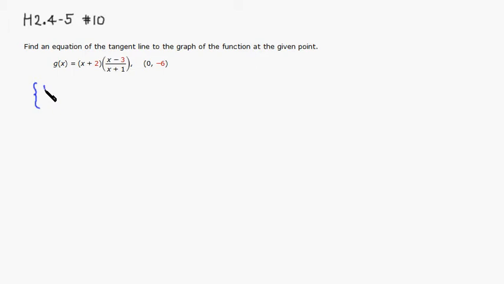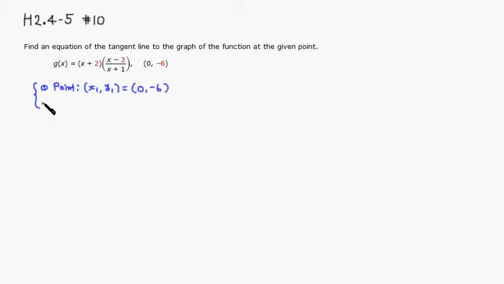First, a point, which is given. So x1 comma y1 is equal to 0 comma negative 6.